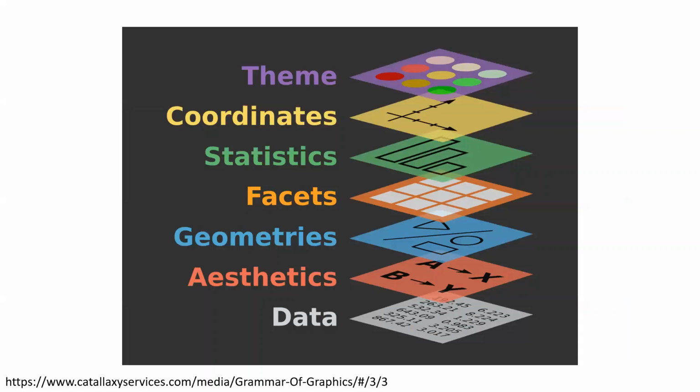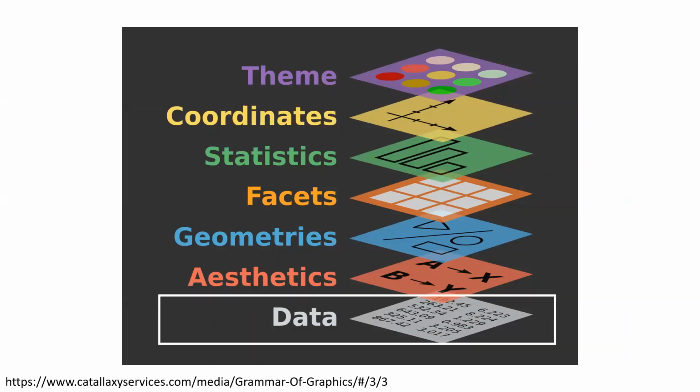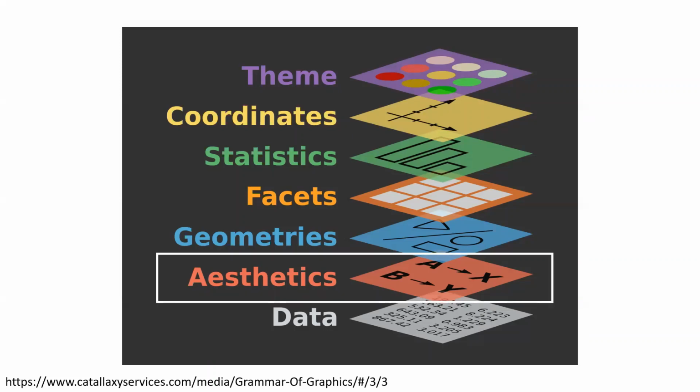The book posited that every plot has a data layer, the data that makes up the plot. It has an aesthetic mapping, a way of saying, for example, my x-axis is column 1, my y-axis is column 2. It's basically how your data relates to components of a plot.